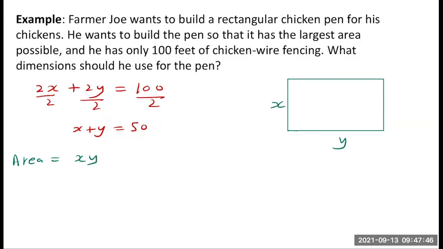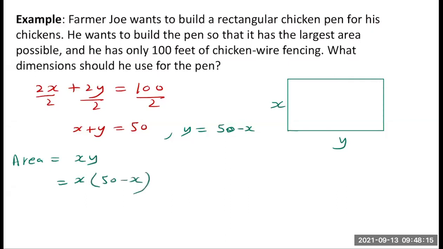Okay, this equation tells you that x plus y is equal to 50. I can easily isolate y from this equation. What I'm going to do is isolate y from this equation. That will give you 50 minus x. You move this x to the other side. Okay. Now I can replace this y by 50 minus x because they are equal. So let me replace this y by 50 minus x.